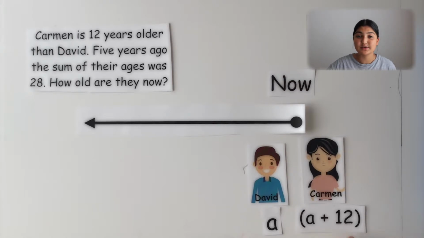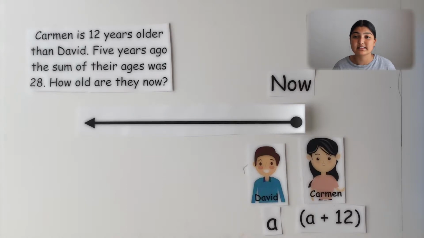Notice how I use parentheses around A plus 12. These parentheses tell us that we should consider whatever is inside them as a single unit. So A plus 12 represents Carmen's age now.